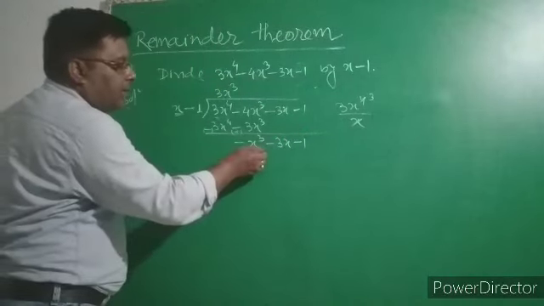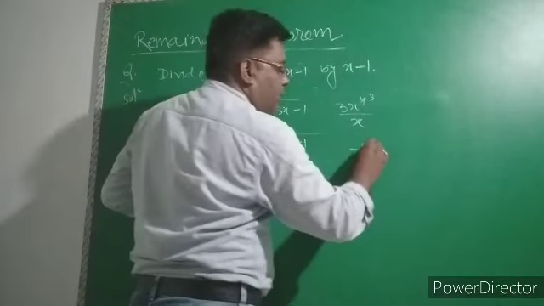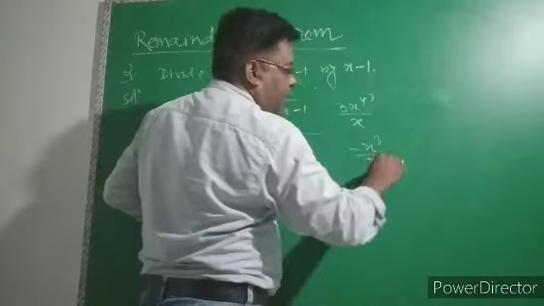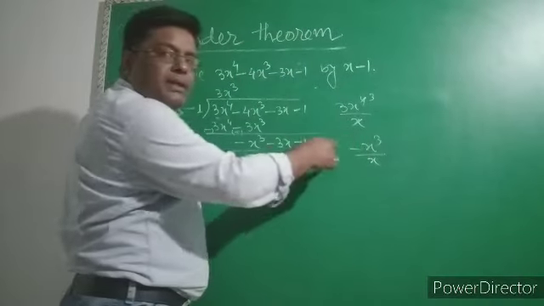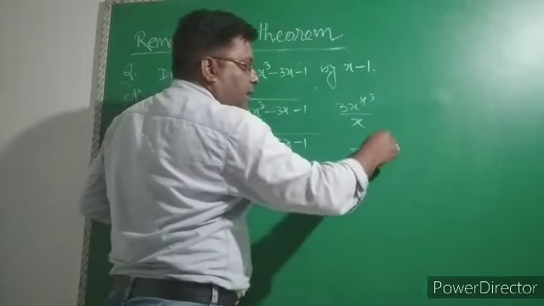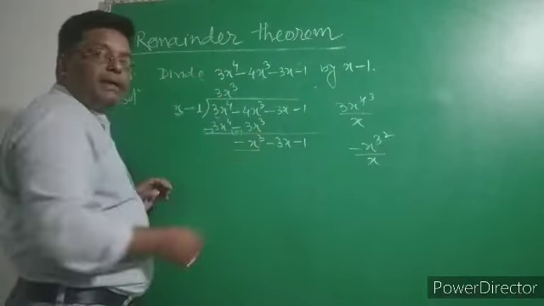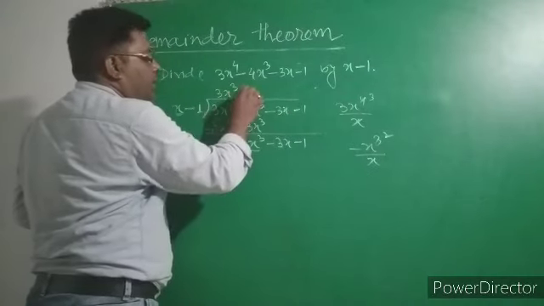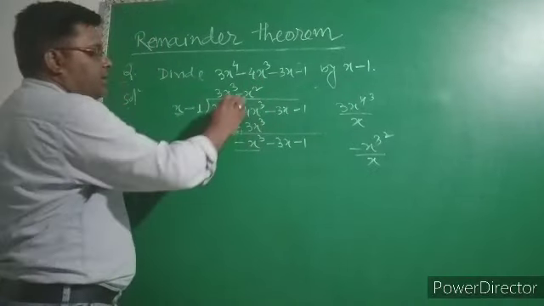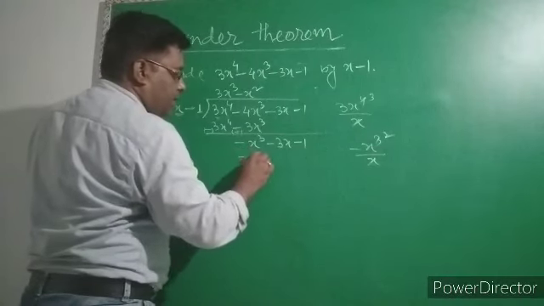Now we have to divide this minus x cube by x. That is minus x cube by x. x cube means x into x into x, that is 3 x's. So we cancel 1 x only. There will be 2 x's there, that is minus x square will be there. So minus x square into x is minus x cube.